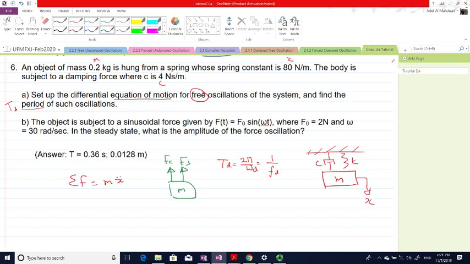You have to remember, as this is hanging, there is no effect of weight over the oscillation. So the forces will be minus Fs minus Fc equal to m x double dot. I mentioned this last semester.